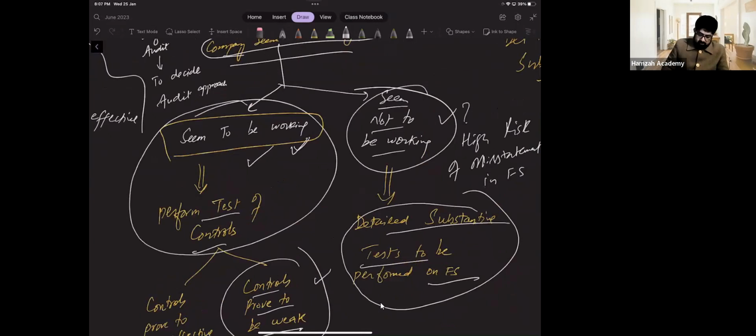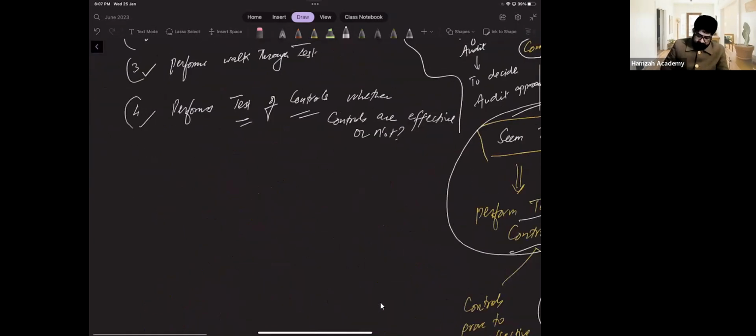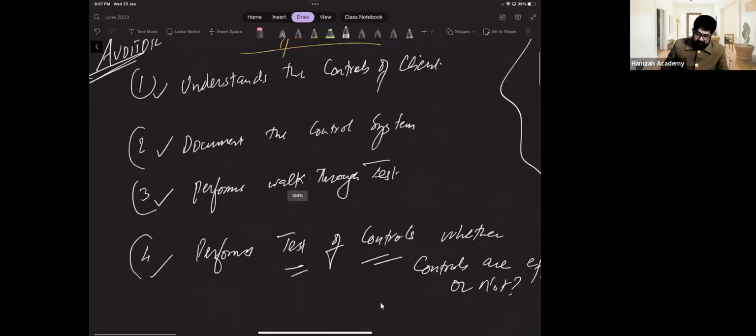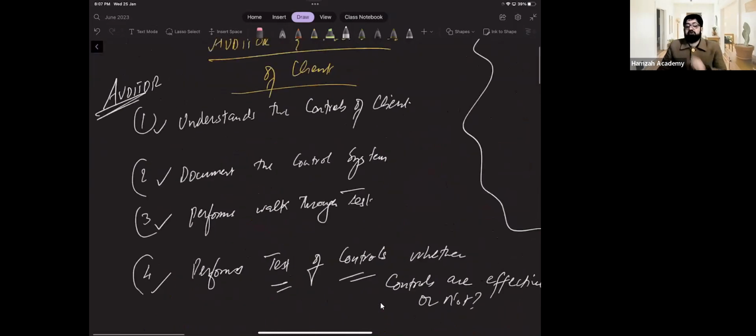Yes. So 4 steps are there. Auditor understands the controls of the company, documents the control, performs walkthrough tests, and performs test of controls. So 4 steps, one by one, we will be talking about that.